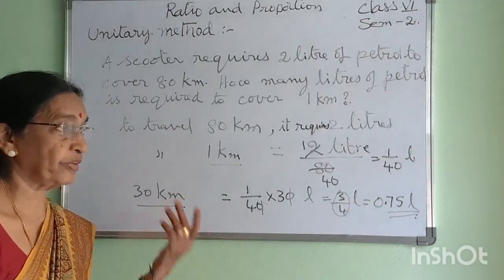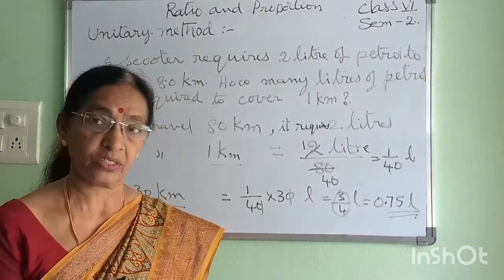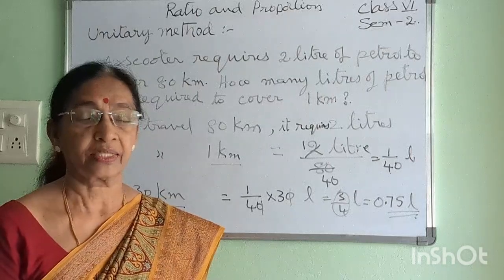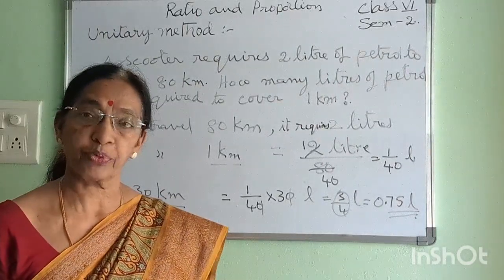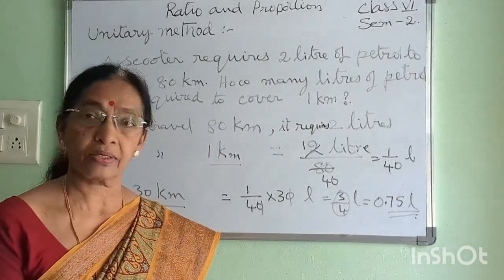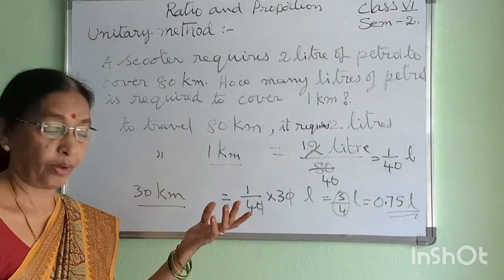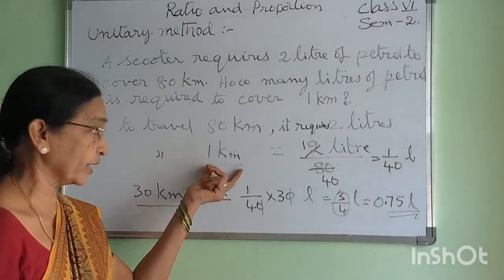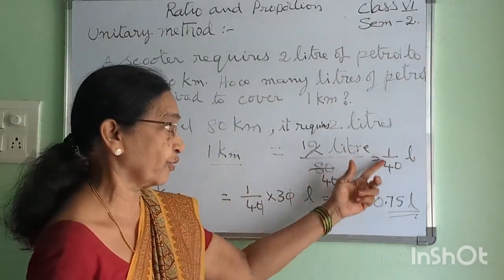In the previous method, we calculated the cost of 1 book first, then calculated the cost of 3 books. So the cost of 1 book is 10 rupees, the cost of 3 books is 10 into 3. Similarly here, the amount of petrol required to travel 1 kilometer is 2 by 80 or 1 by 40.